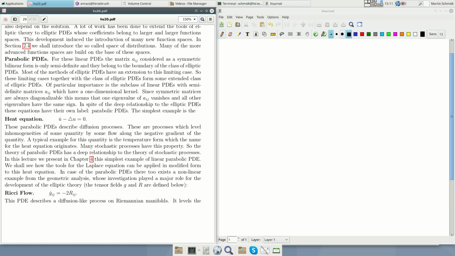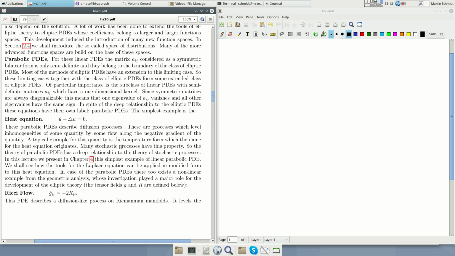And presumably you already know that there is a deep relation between the heat equation, or general parabolic equations, and stochastic processes.